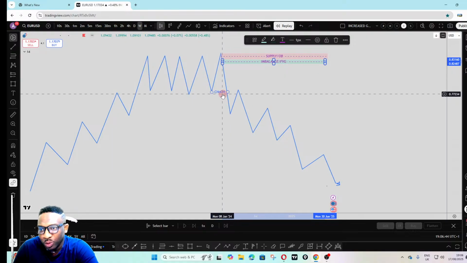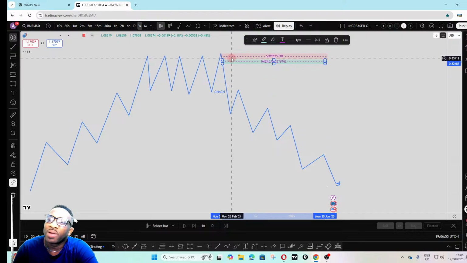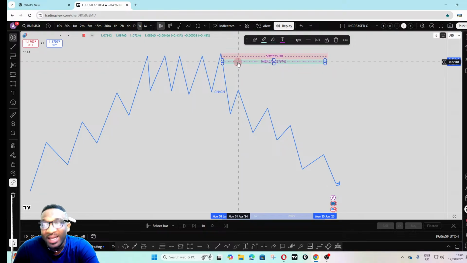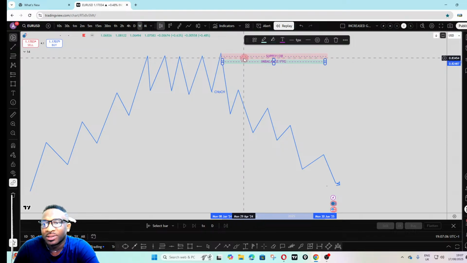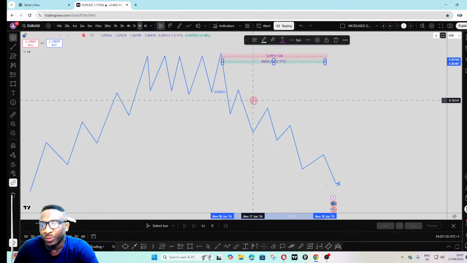If there was no break, we wouldn't have a supply zone here. The moment we spot a break of structure or change of character, this area becomes our supply zone. Then for it to be a valid zone, we want to see an imbalance or fair value gap attached to the area. Then we consider it an imbalanced supply zone.